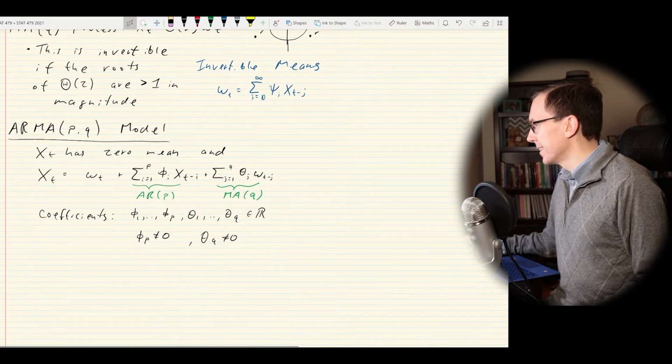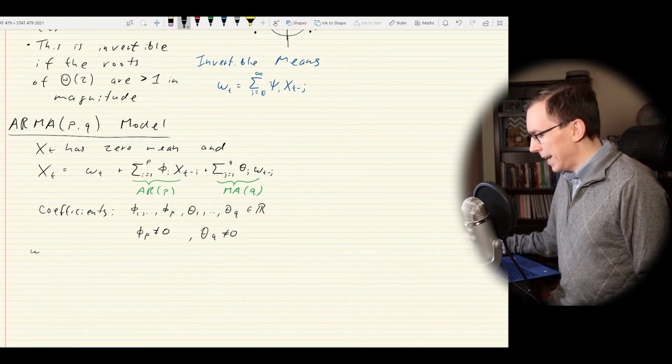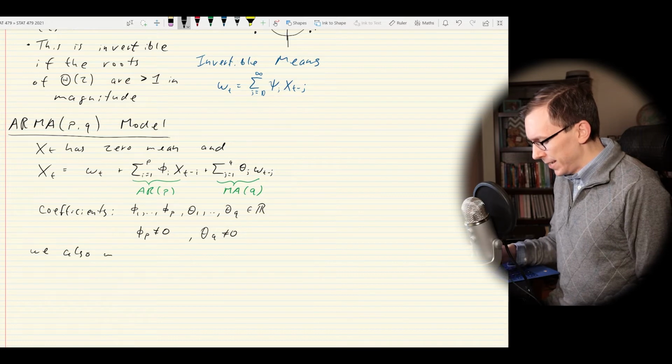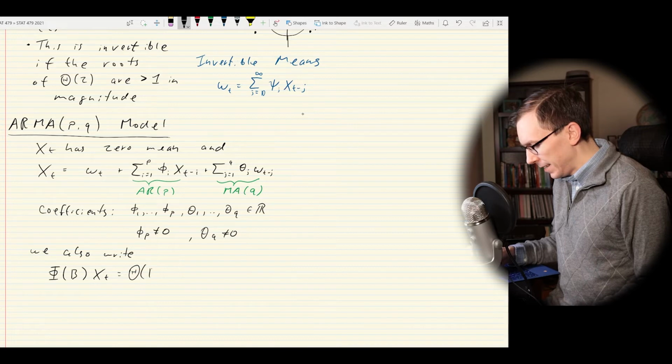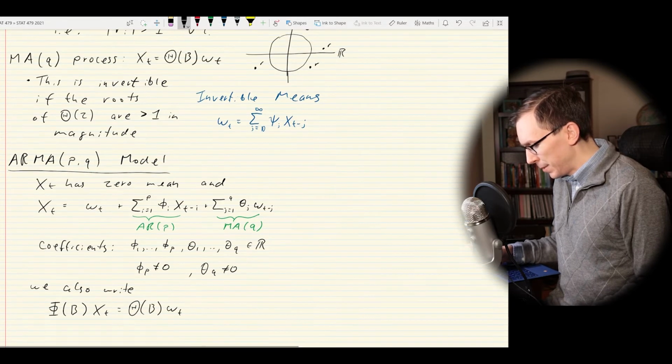So again, that's the mathematical setup, and we can also write phi(B) xt equals theta(B) wt.